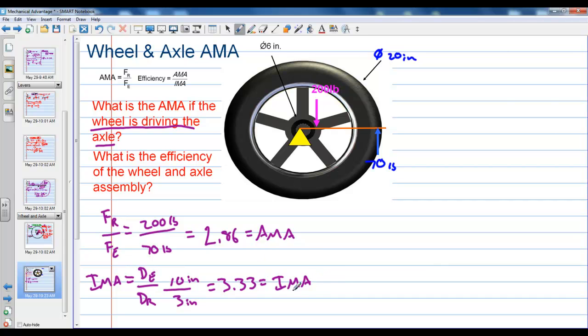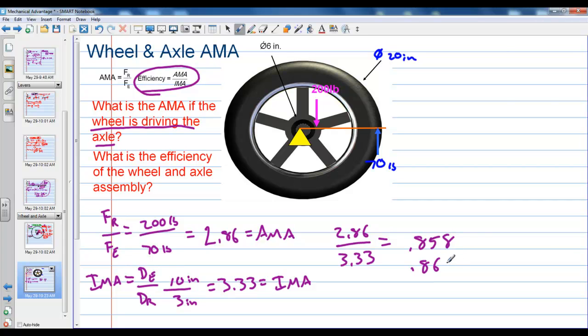If we want to change the ideal mechanical advantage and the actual mechanical advantage into an efficiency, we know that efficiency is actual mechanical advantage over ideal mechanical advantage. So we have 2.86 over 3.33, for a grand total of 0.858, which would be rounded to 0.86.